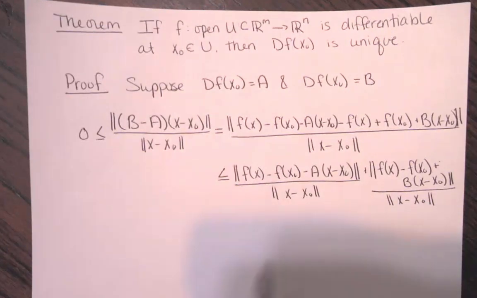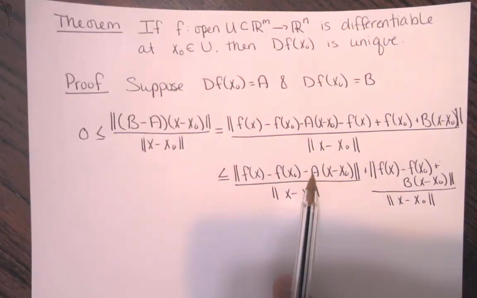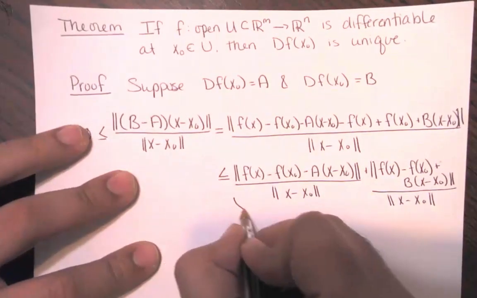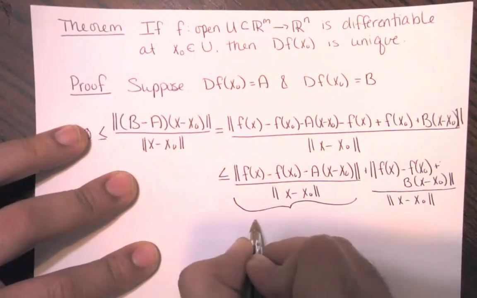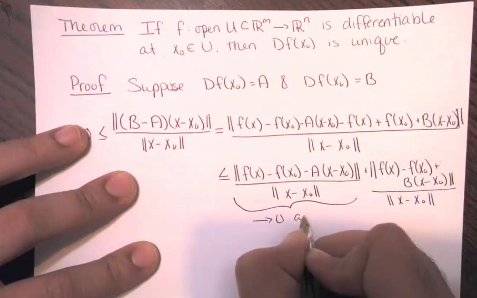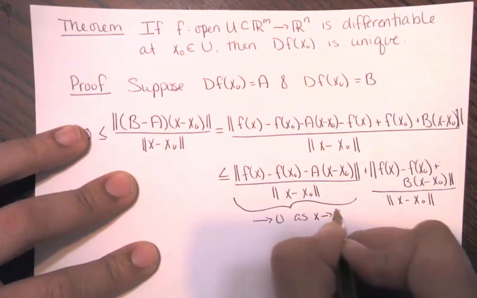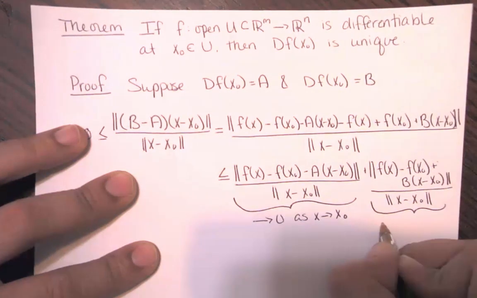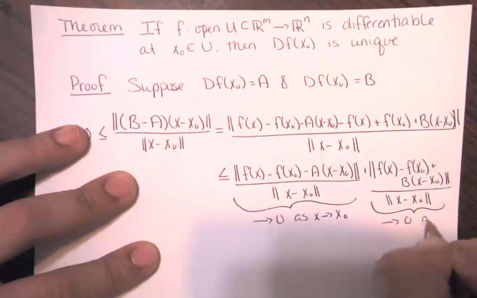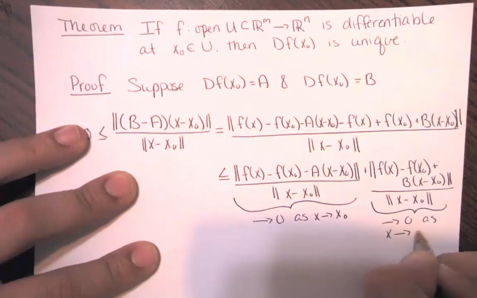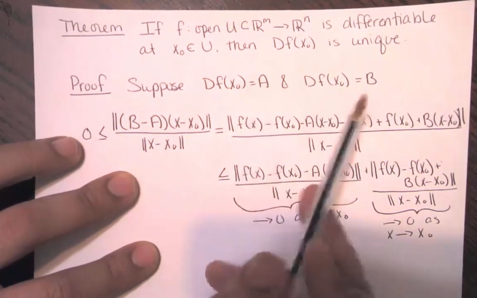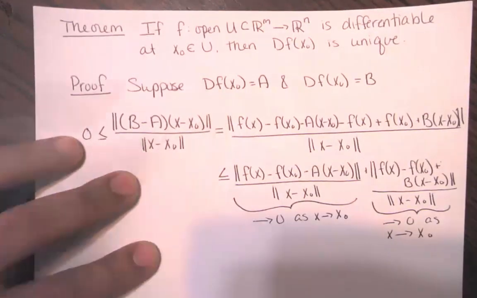Now, because I'm supposing that A is the derivative and B is the derivative, both of these terms go to 0 as x approaches x naught. That's what it means for A and B to be the derivative of f at x naught.